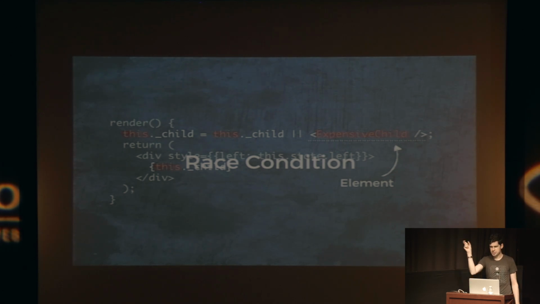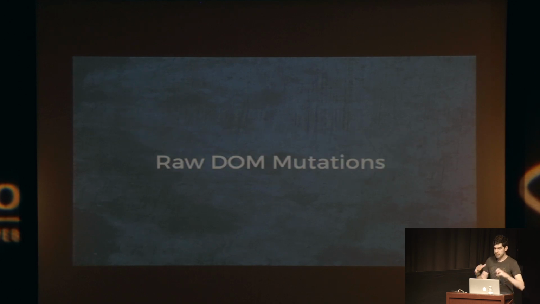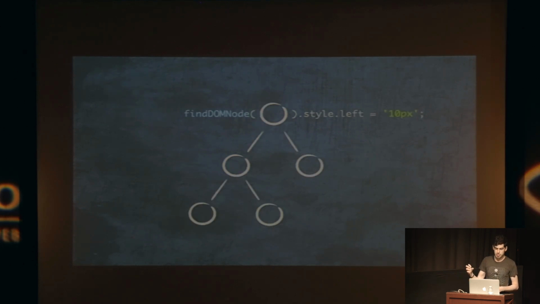We just want to set this one value. And so there's actually a way to tell React to do that, which is by implementing raw DOM mutations. So we're going to get outside of React's diffing algorithm and world, and we're going to say, React, I know what I'm doing. Give me the real DOM node I'm going to use, like .style.left equal to 10px.